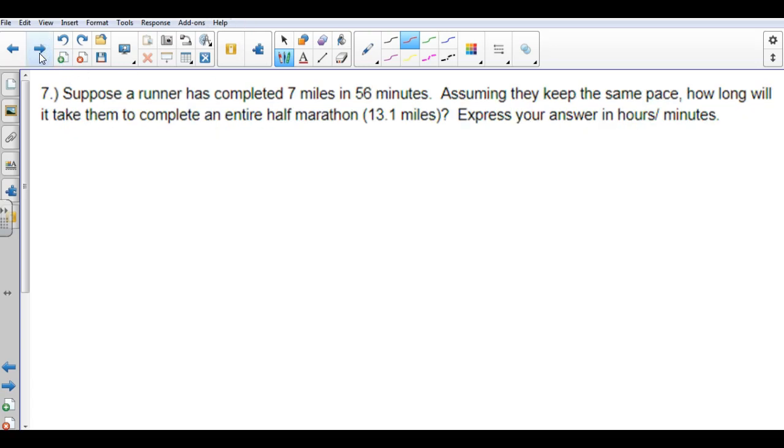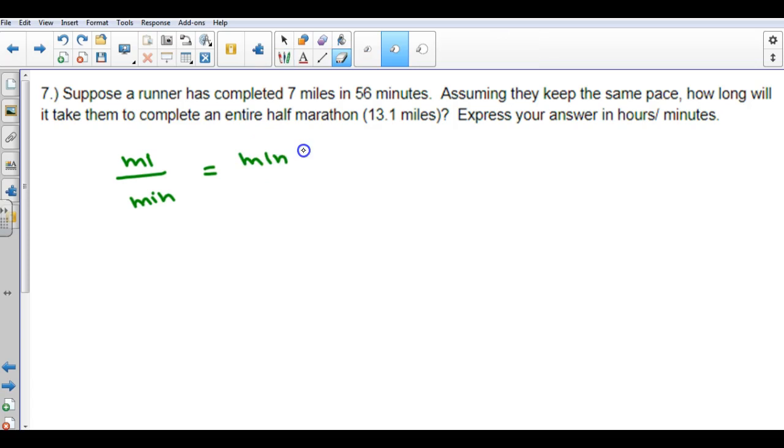Alright, suppose a runner has completed 7 miles in 56 minutes. Assuming that they keep the same pace, we want to know how long it's going to take them to complete an entire half marathon. So there's a couple ways of going about this. We could do a proportion, which would basically take our number of miles in a minute, and we could set that equal to the 13.1, and that would be measured in miles over the number of minutes that it would take.